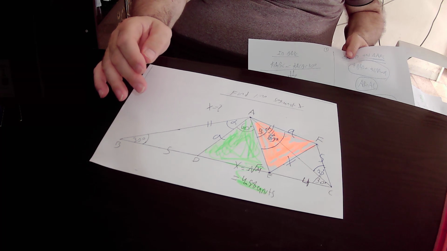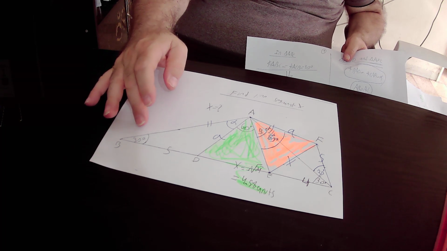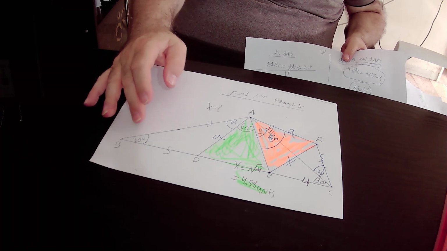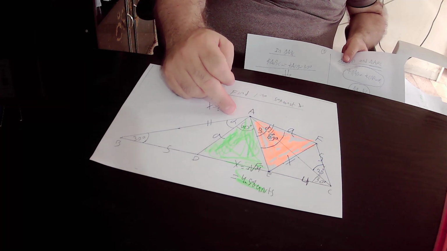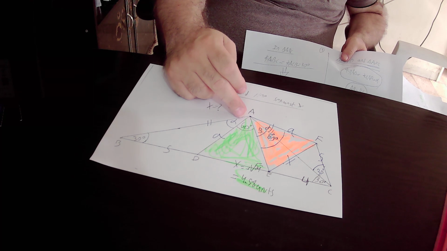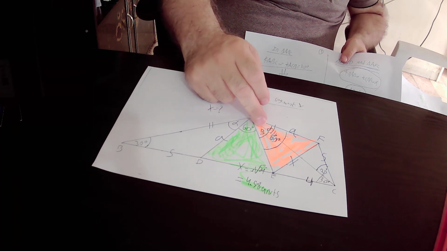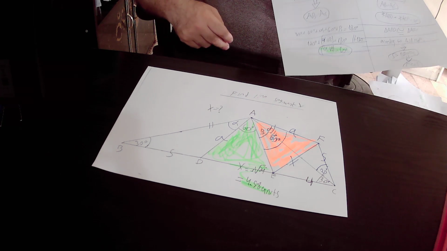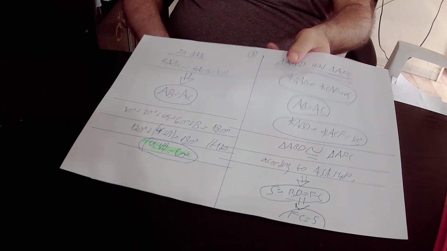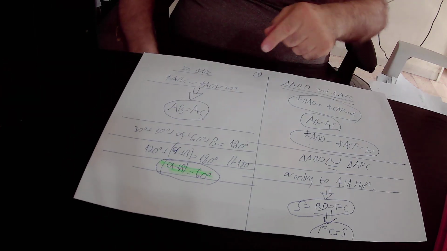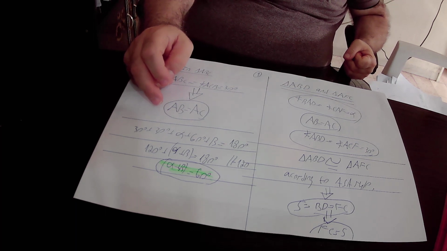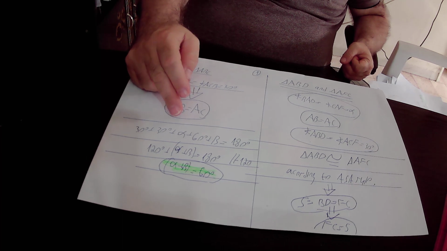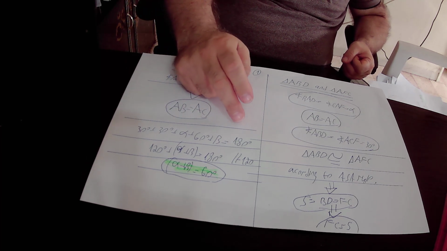So in triangle ABC we have this angle equal to 30 degrees, plus this angle equal to 30 degrees, plus this angle equal to alpha, plus this angle equal to 60 degrees, plus this angle equal to beta. In total, the sum of all those angles must be equal to 180 degrees. Okay, 30 degrees plus 30 degrees plus alpha plus 60 degrees plus beta equals 180 degrees.